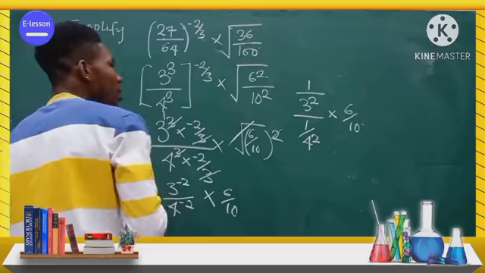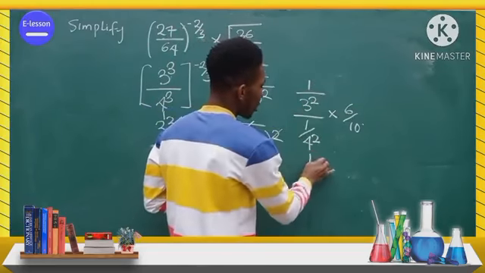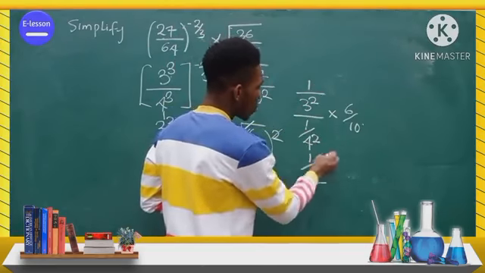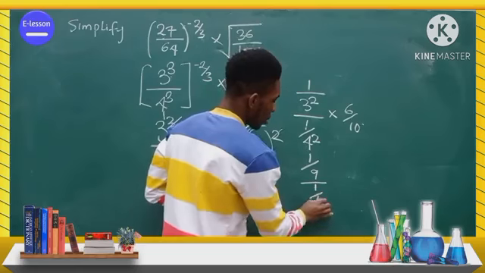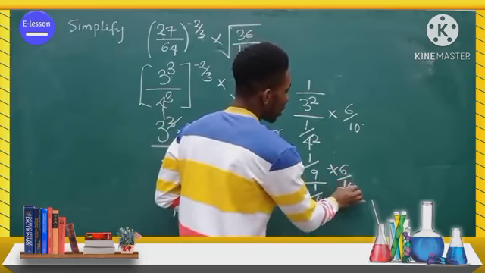Now going further, 1 divided by 3 squared is 1 over 9, divided by 1 over 4 squared which is 1 over 16, then times 6 over 10.